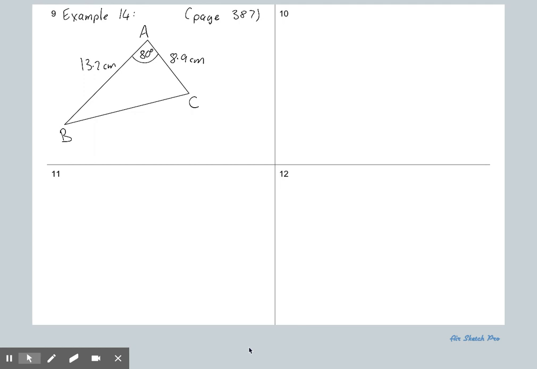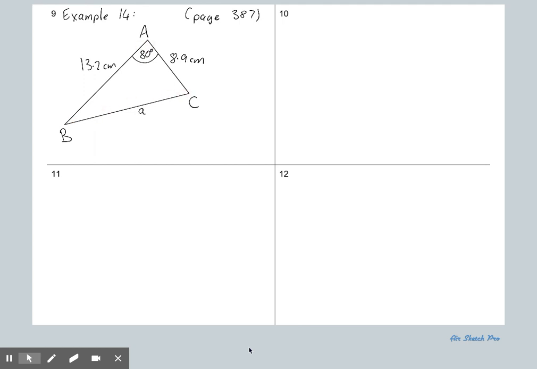So that's the label that is given, and what you are asked to do is to find out every side and angle in this triangle. Okay, so I'll be needing to work out this angle, and this side, because I know this angle already.